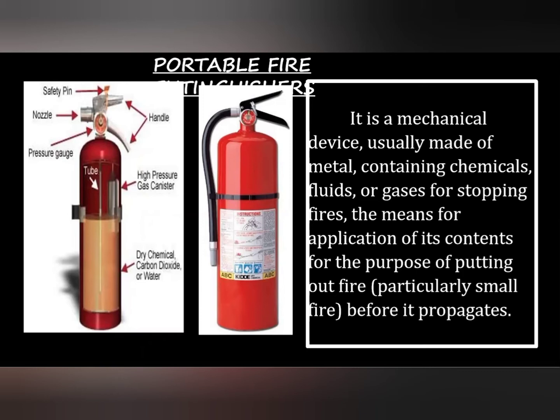I have already discussed the use of fire extinguisher and when to use the fire extinguisher. Again, when you want to learn more about the use of fire extinguisher, how it is being used, then again, please watch and subscribe to our pre-recorded video.